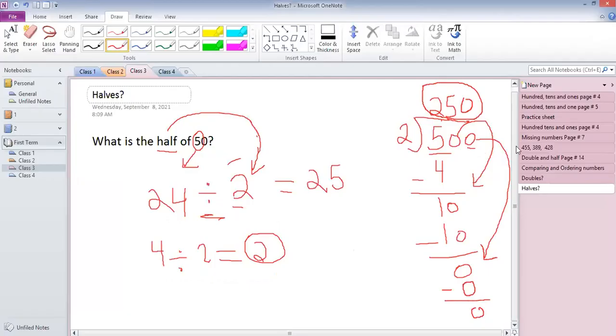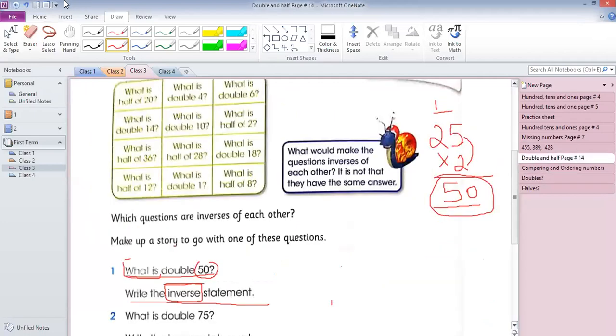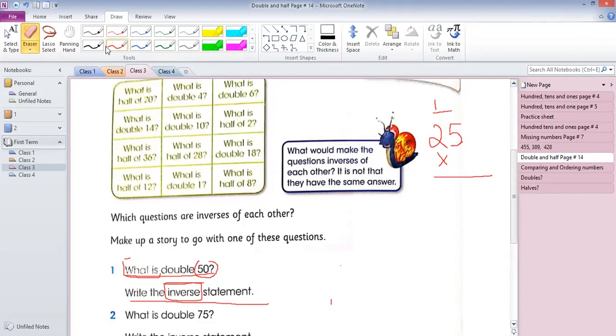Let's come here. You are multiplying 250 by 2, right? So you will write 250 and then you will multiply it by 2.